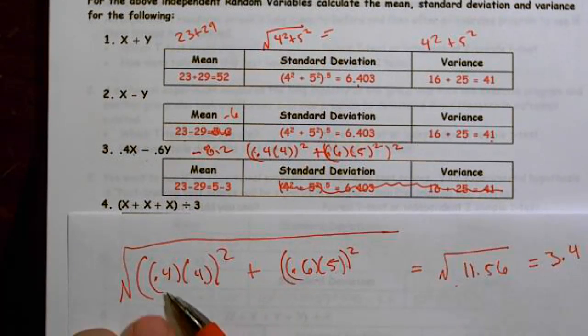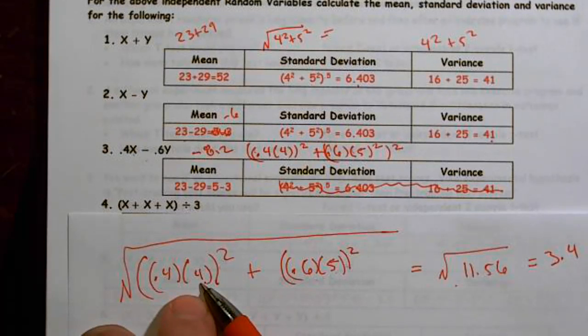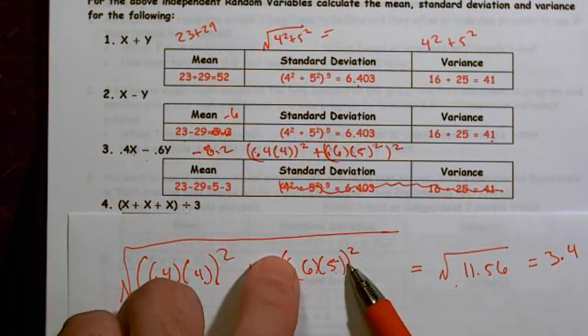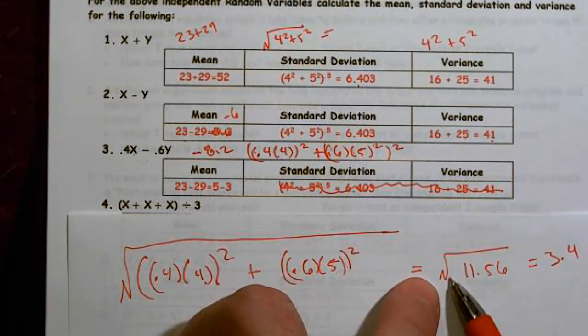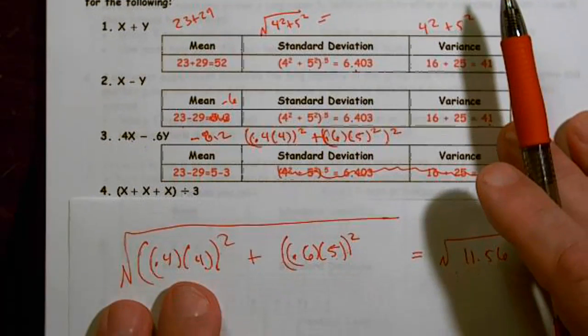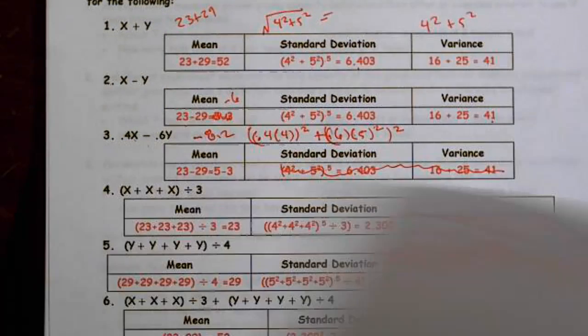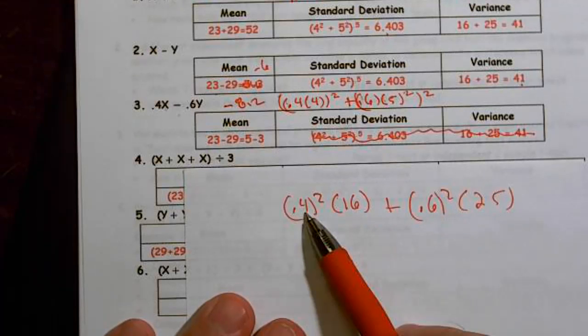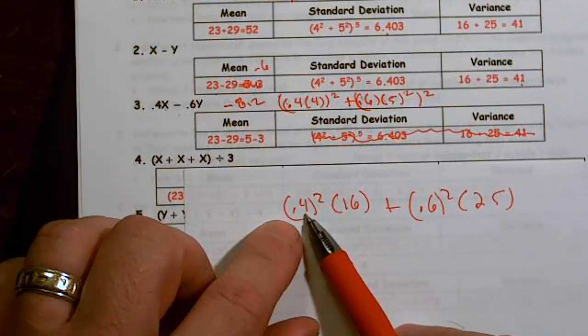So the way to do it is, again, 0.4 times the standard deviation of 4, square it, 0.6 times the standard deviation of 5, and square that. That gives you the square root of 11.56, which equals 3.4. Now, we haven't done the variance yet. On the variance side, we have to multiply the variance by the square of the constant.